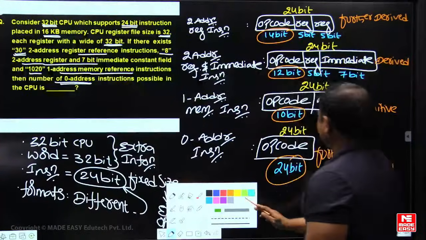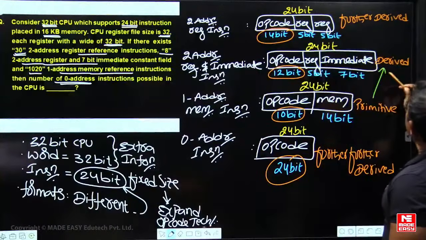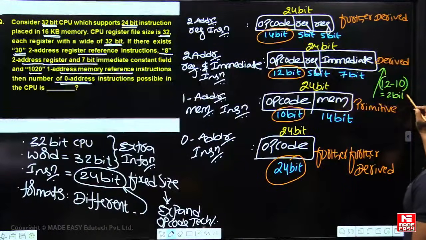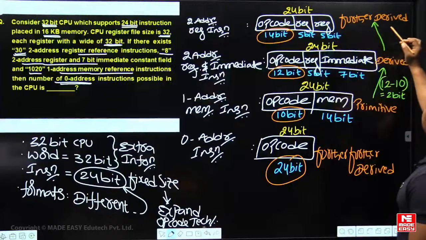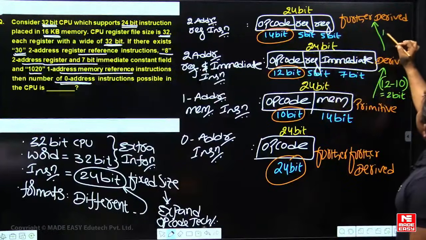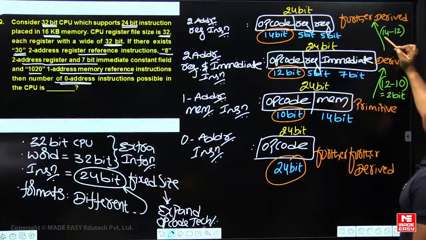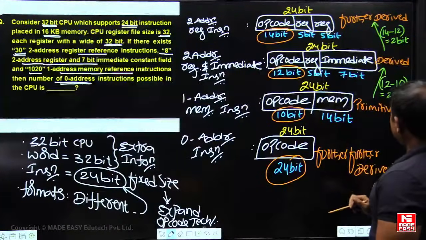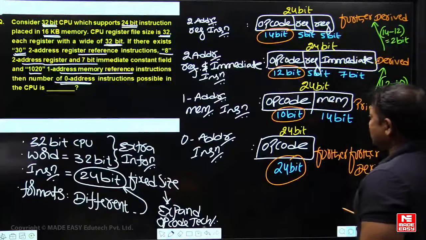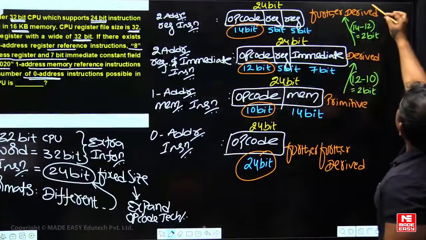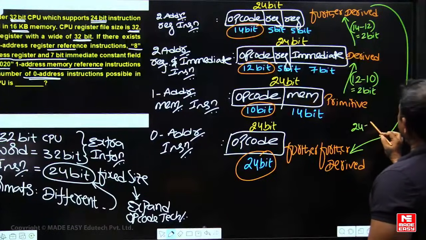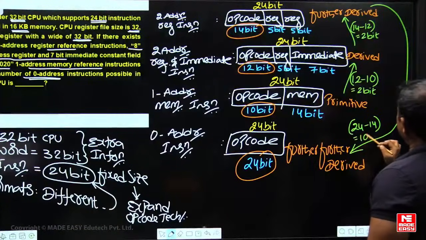Now what do we do? From primitive to derived, the number of bits merged is the difference between 12 minus 10, that is 2 bits merge. Then derived to further derived, how many bits are merged? Take the difference between opcodes. Again 2 bits merge. Then between the last two, how many bits are merging? 24 minus 14 equal to 10 bits.